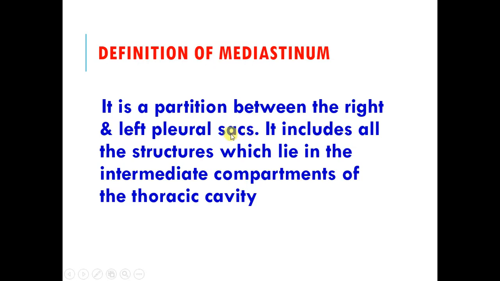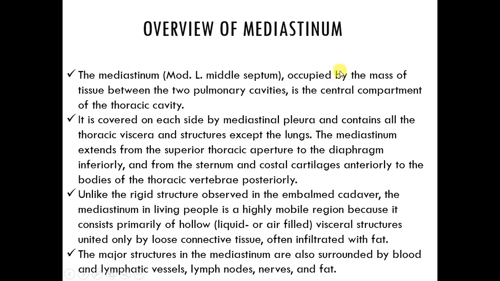Between the two lungs, between the two pleural sacs, is a partition which is named as mediastinum, and it includes all the structures which lie in that space, in the intermediate compartment of the thoracic cavity. We will see what structures are lying in the mediastinum, but before that, we will have an overview of the mediastinum.